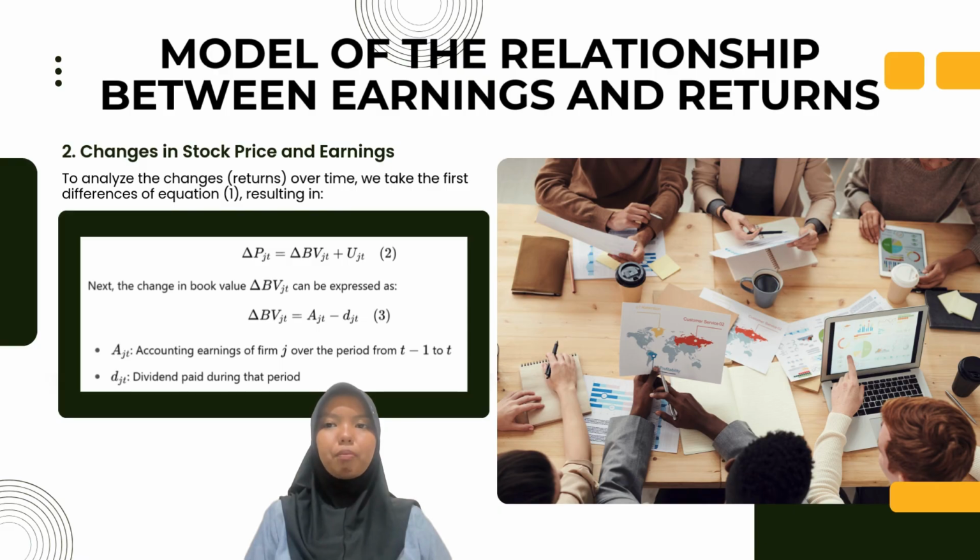Next, the change in book value per share of firm j at time t equals accounting earning of firm j over the period from t minus 1 to t minus dividend paid during that period.